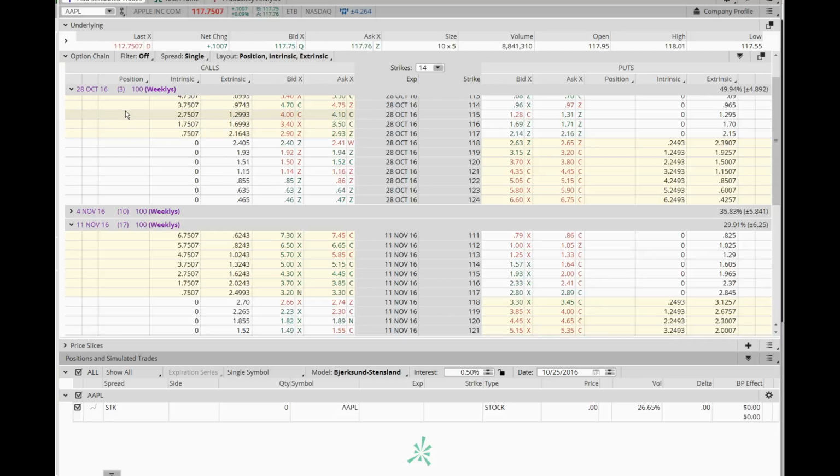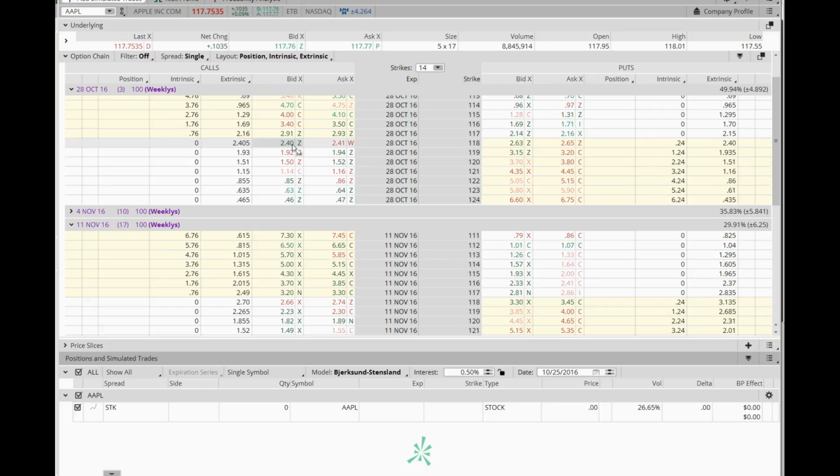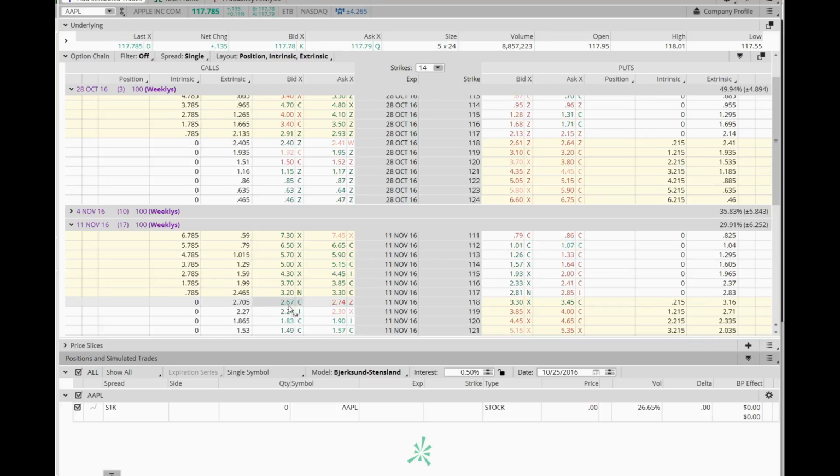If you notice, expiry tomorrow, this Friday 28th, 3 days away, is $2.40. Here, 17 days away, is $2.67. Means what? Not much difference.